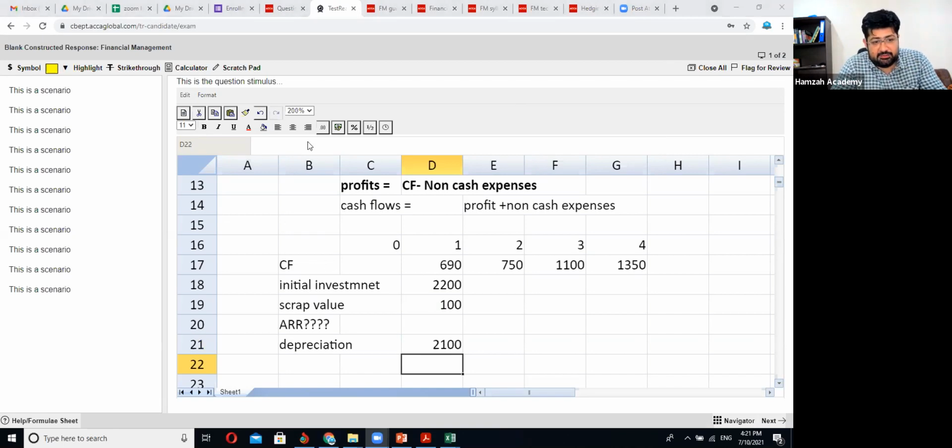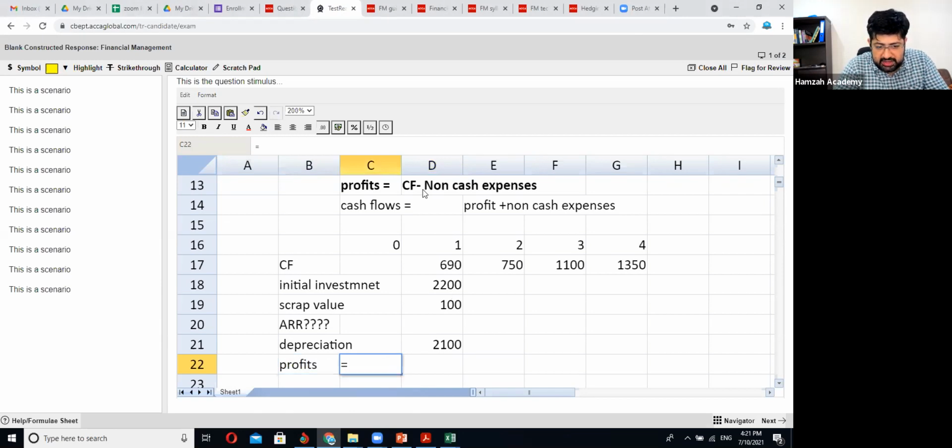Good. Now, the next point is over here. So we can calculate profits.